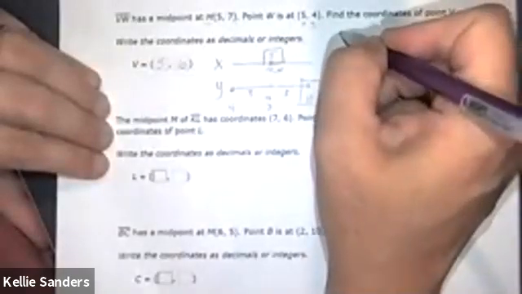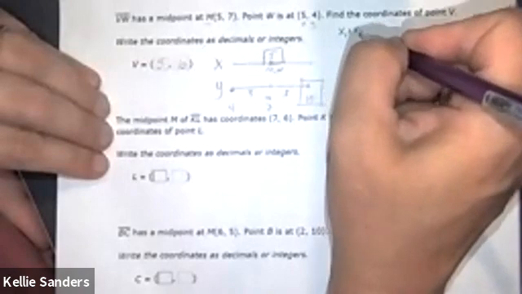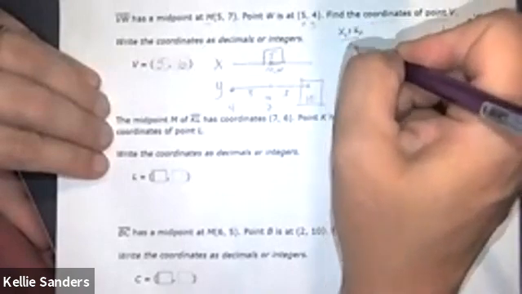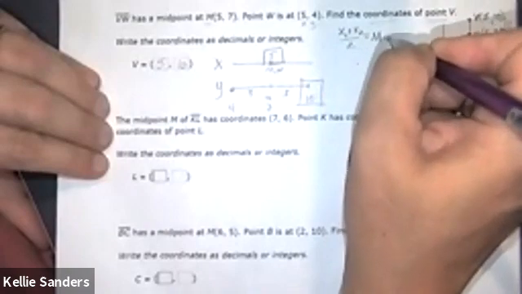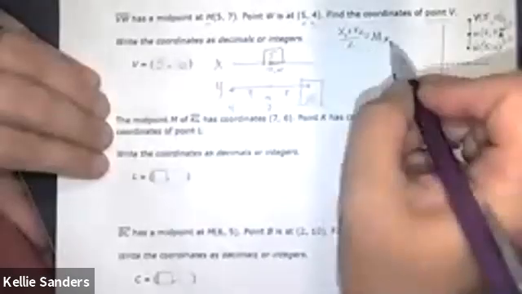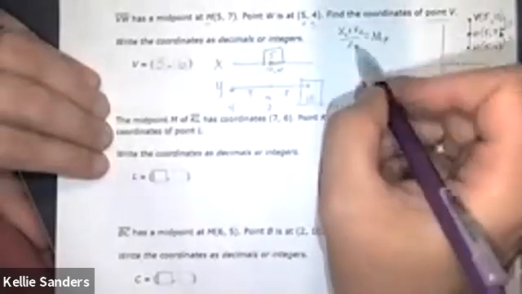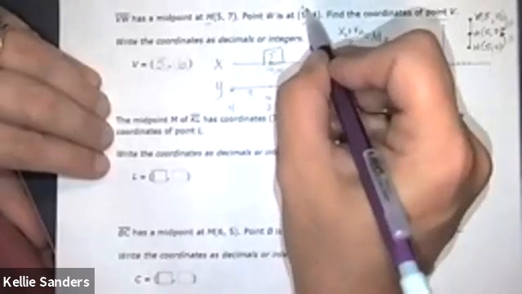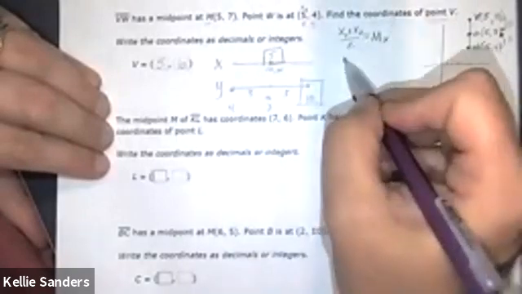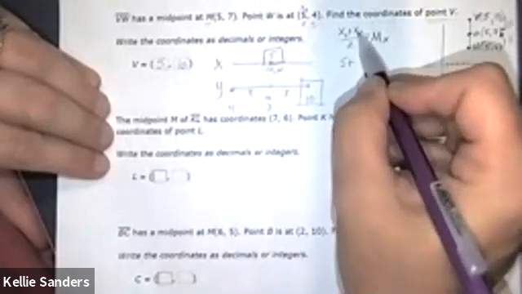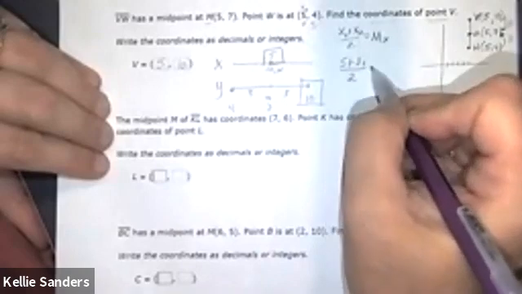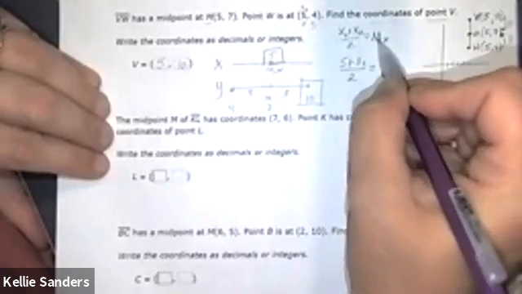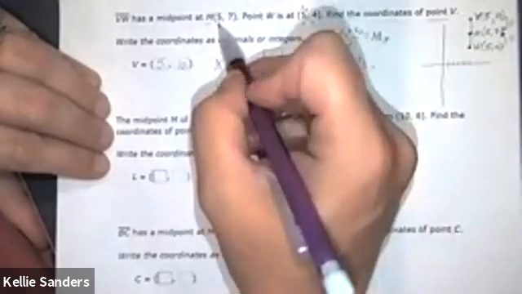And so if you remember, x1 plus x2 divided by 2 will give you the midpoint of x. That'll be your x midpoint. These are your endpoints, so if I put 5 there, we don't know the second endpoint, but we know that we will always divide by 2, and then we'd get the midpoint.